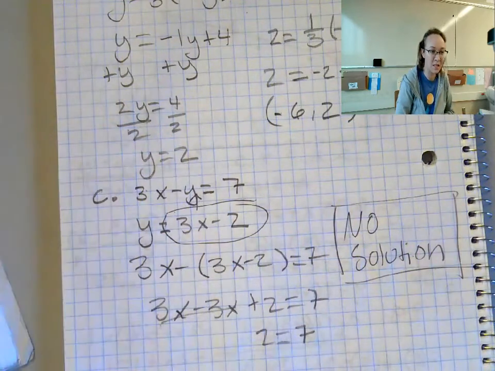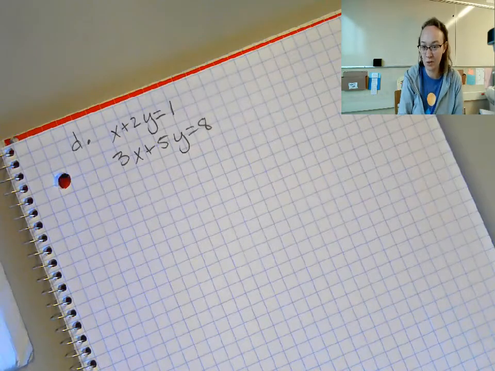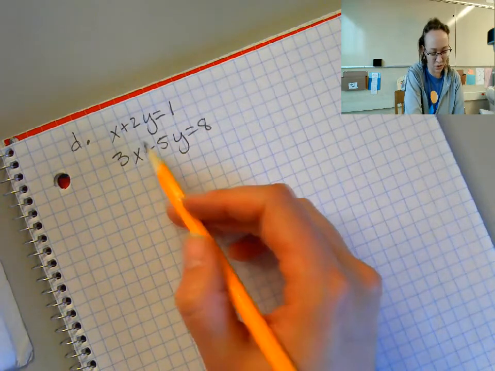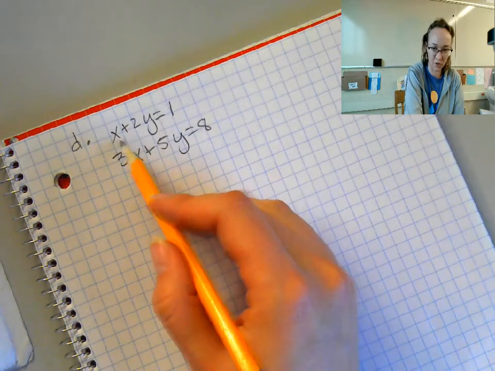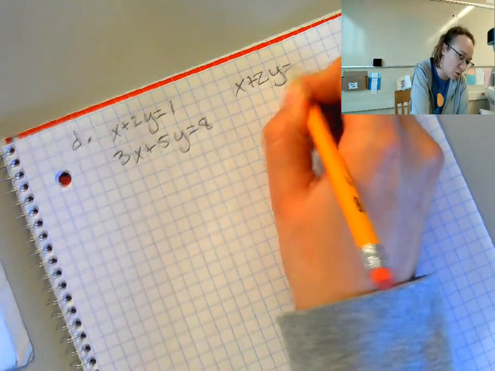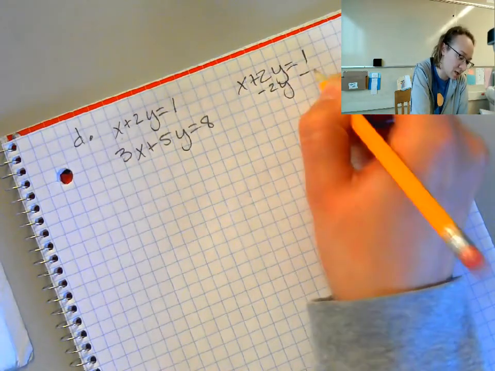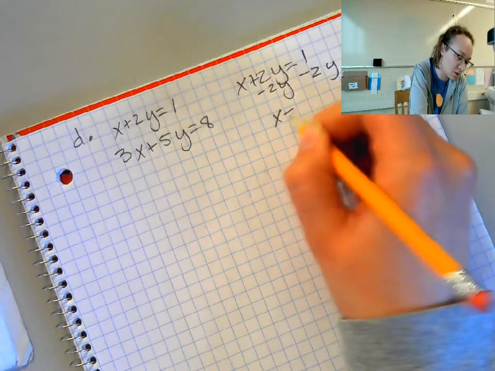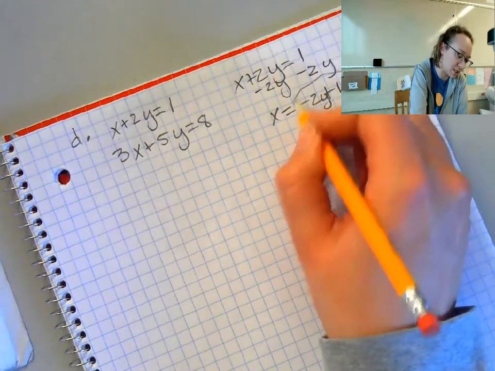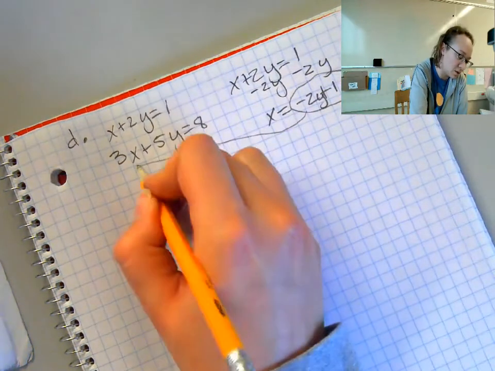Then on D, I could do this either using substitution or elimination. I'm going to do substitution and solve the top equation for x. So x plus 2y equals 1. I'm going to subtract 2y from both sides so that x is alone. Negative 2y plus 1, and then I'll replace that in the other equation.